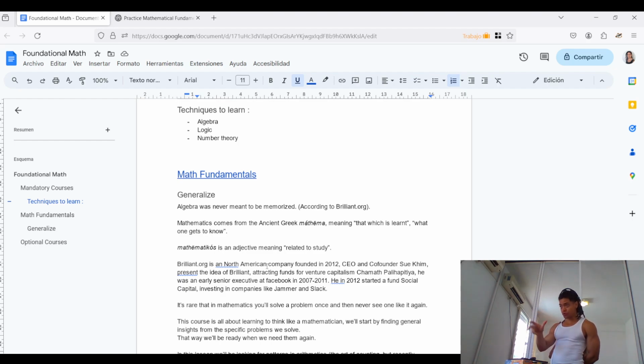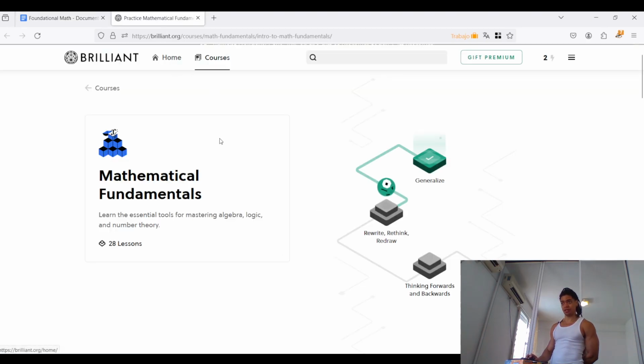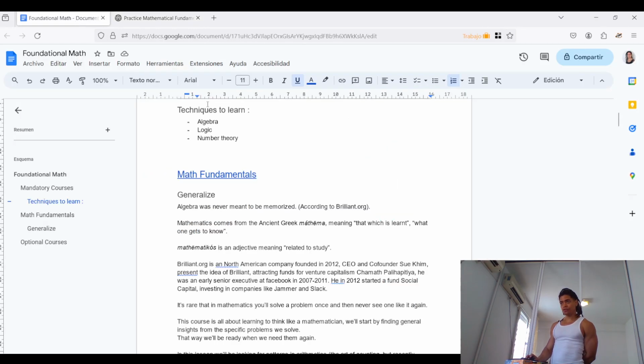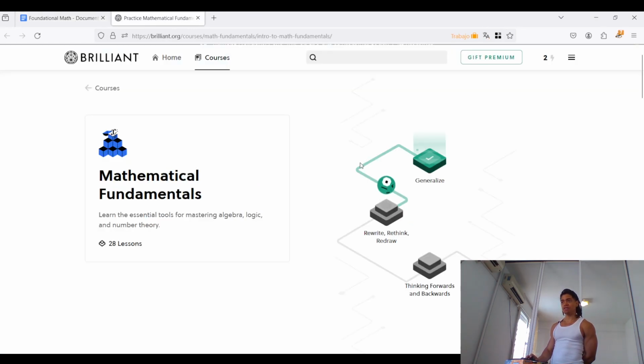That's a huge overview, especially when you know where this learning platform, which is for profit, comes from, a little bit of the background. So the first topic here is generalize.